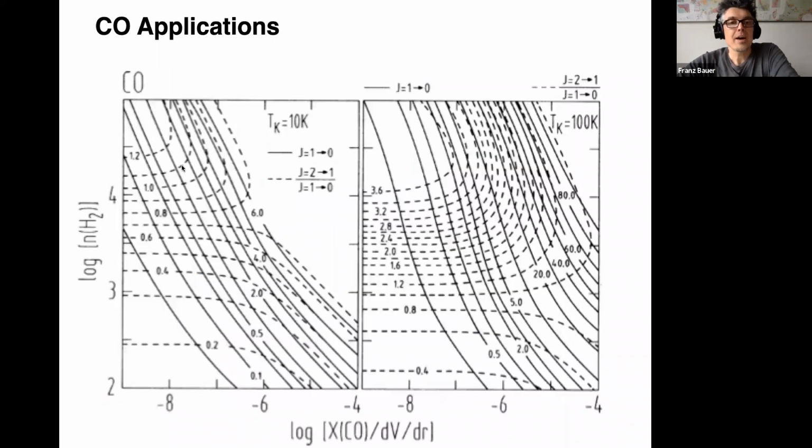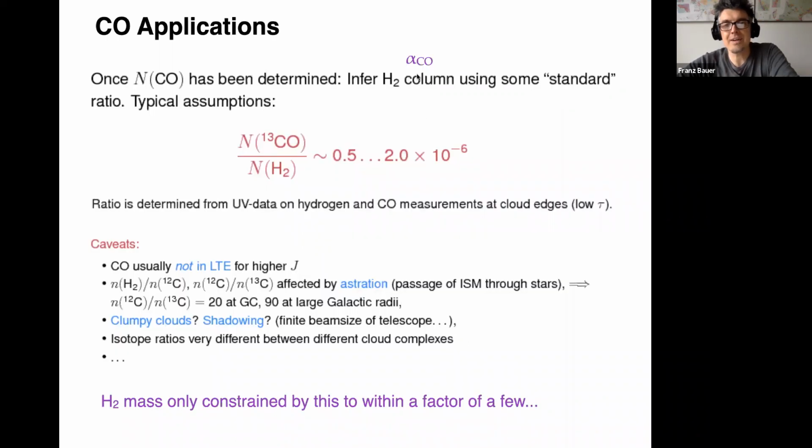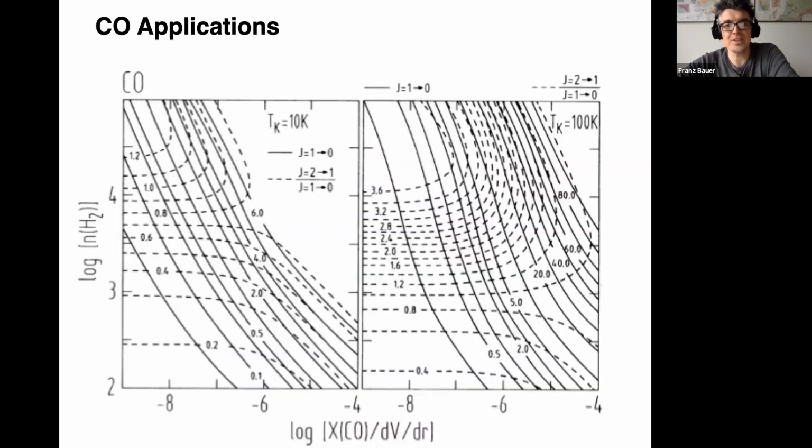All right, so this is a comparison of XCO, which is a slightly different parameterization of alpha CO. You see all of these in various forms. But this XCO is the ratio of the number of CO to the number of molecular hydrogen, and this is per volume and per line of sight as well.